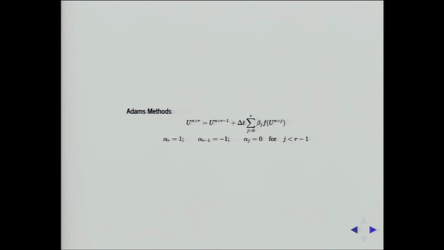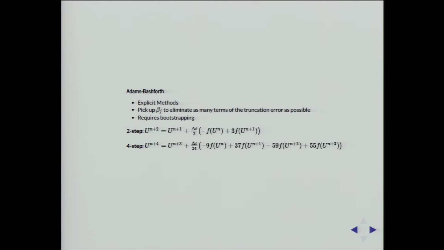Depending on my beta R on the other side, my methods are going to be implicit or explicit. So we have the Adams-Bashforth method, which is an explicit method, and then my beta R is going to be 0, but then I want to pick the beta j's to eliminate as many terms as possible from the truncation error, which we're going to see later. The problem with these methods is that they require bootstrapping.